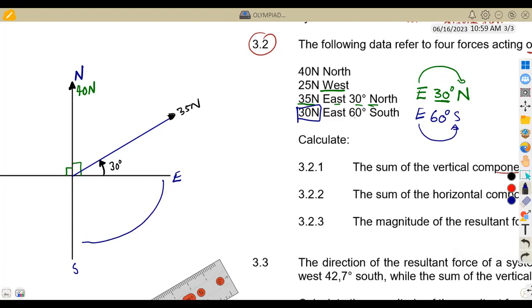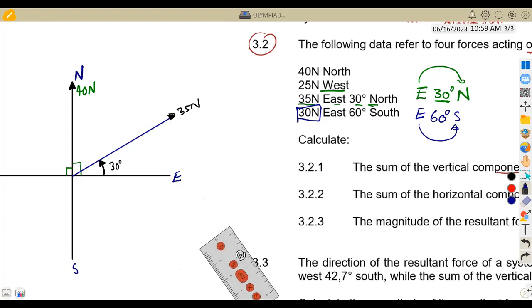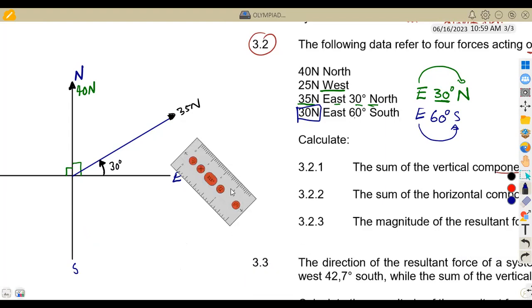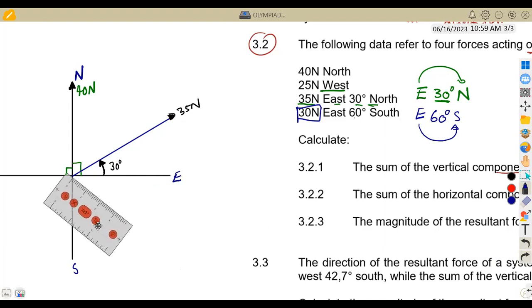So in between this direction, we have got an angle of 60 degrees that we are going to consider from that direction. You're going to consider an angle of 60 degrees. All right, let me just approximate my 60 degrees somewhere here. Remember, like I said, we are moving from the east going to the south.